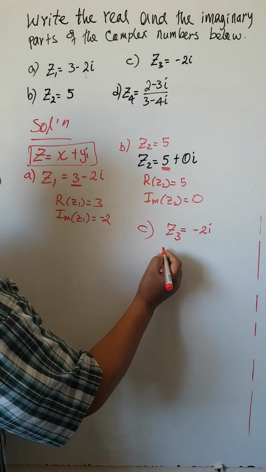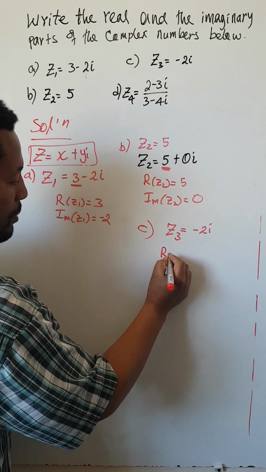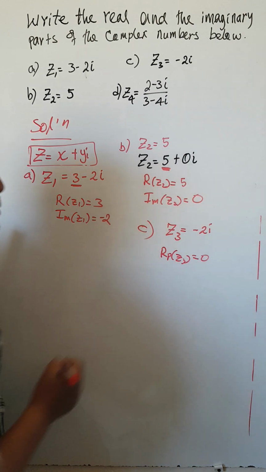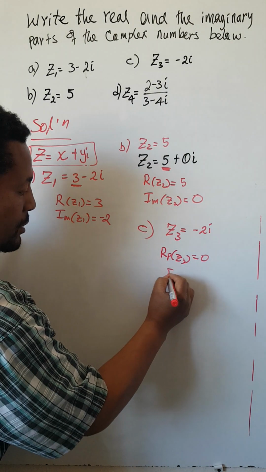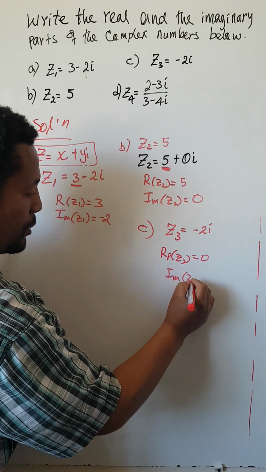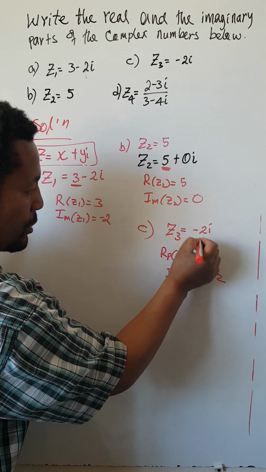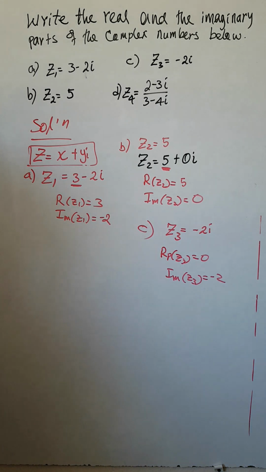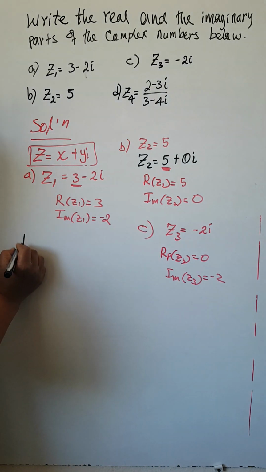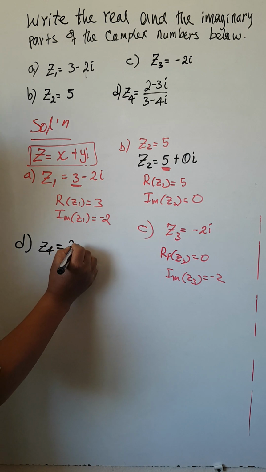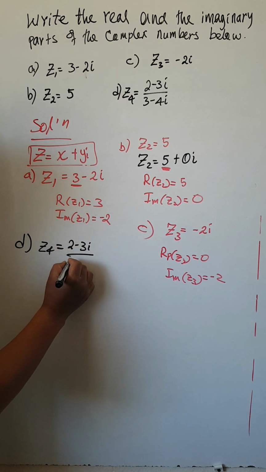This means the real part of z3 is 0, and the imaginary part of z3 is negative 2, because this can be written as 0 minus 2i.